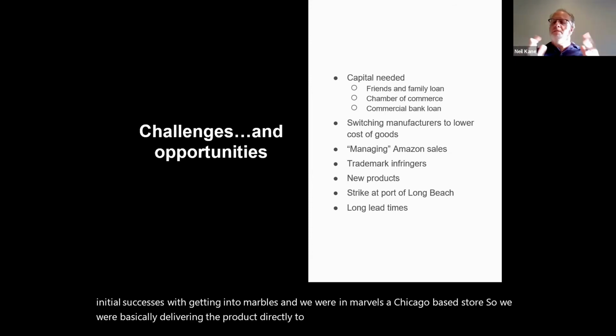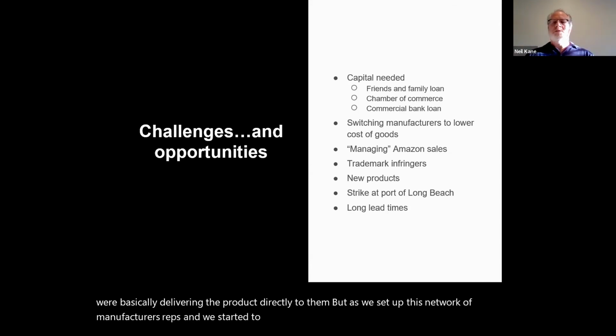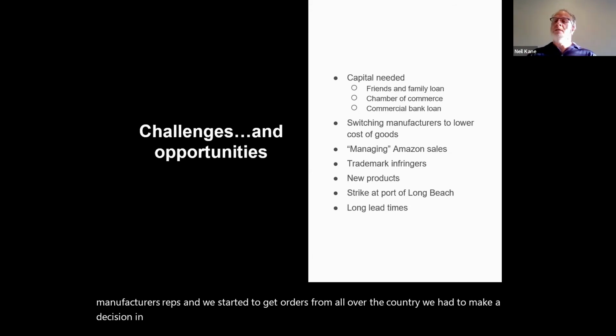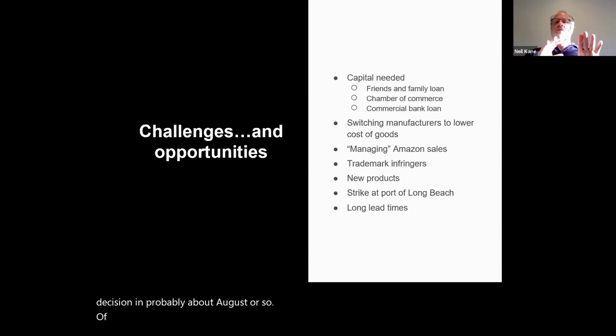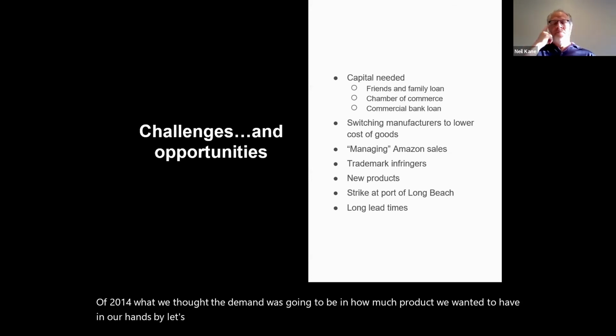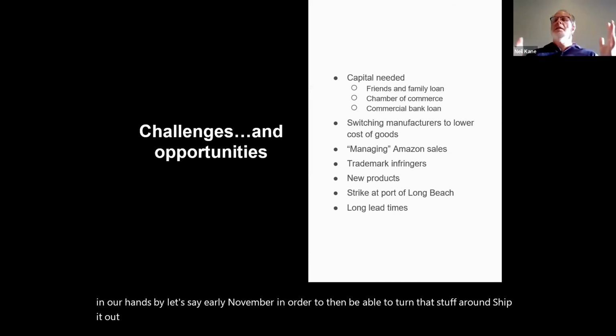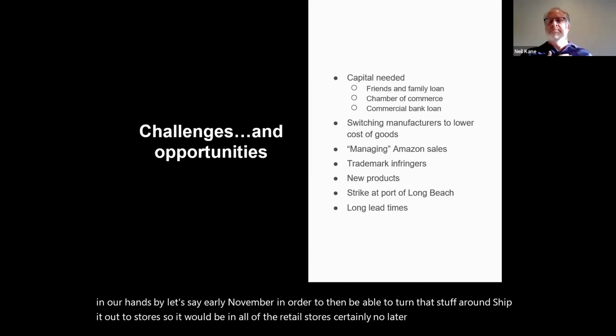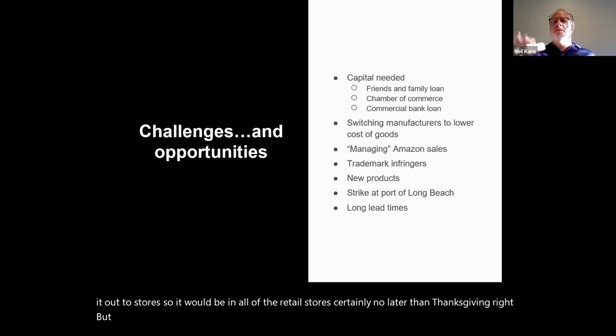But as we set up this network of manufacturers' reps, and started to get orders from all over the country, we had to make a decision in about August of 2014 on what we thought the demand was going to be and how much product we wanted to have in our hands by early November, in order to ship it out to stores so it would be in all of the retail stores certainly no later than Thanksgiving. But probably around the middle of November is when that whole holiday season really starts.